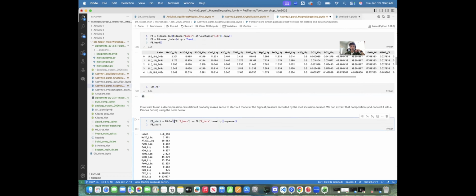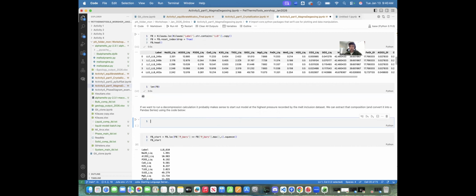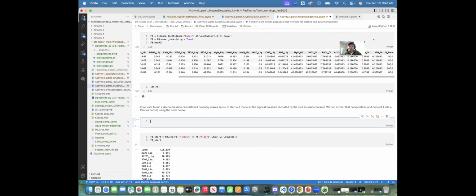So what we're doing in here, if I take this out separately, is in Fissure 8, one of the columns in here is P bars. Okay. And if we're doing a decompression calculation, we kind of want to find ourselves a starting point.